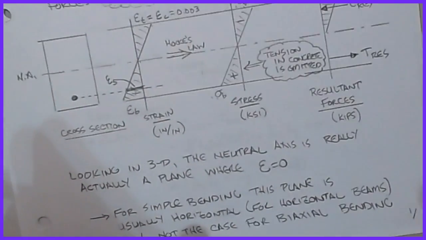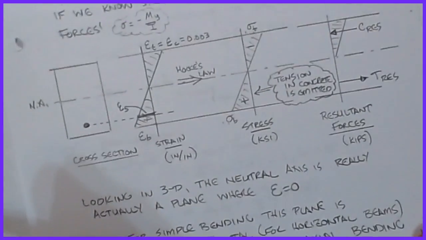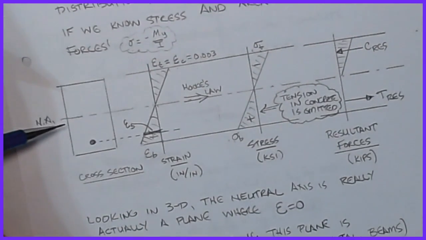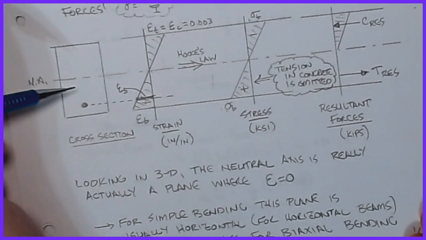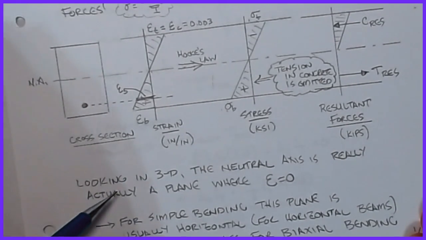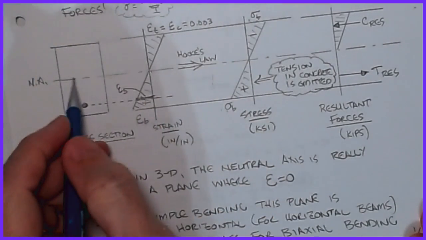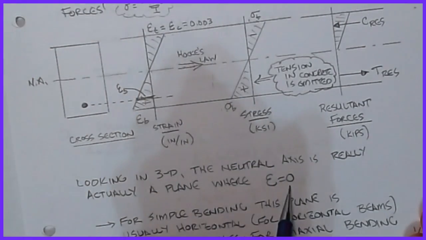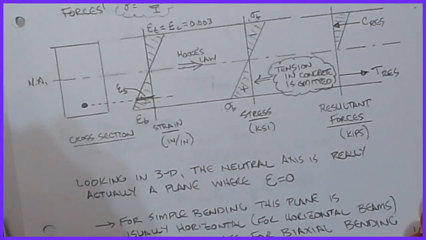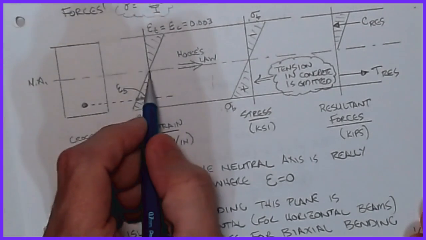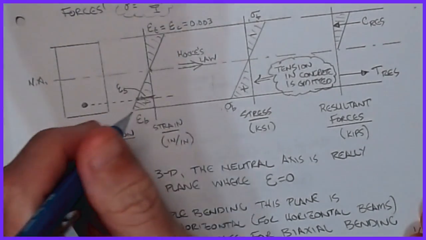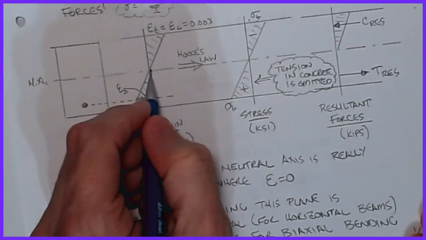Now if we look at this cross-section, what we have drawn is a two-dimensional picture. But in reality, the neutral axis is actually a plane that occurs down the length of the beam at this location, in which the strain would be equal to 0 at all locations on that plane. So again, here it's a point, but if I go across the cross-section, then it's actually 0.